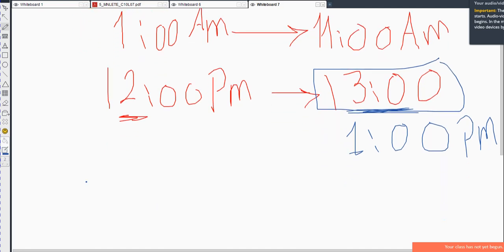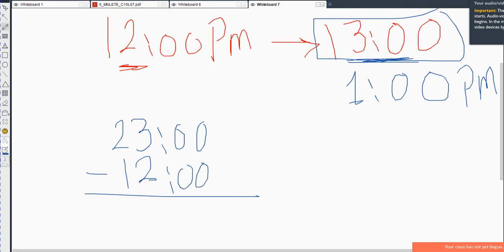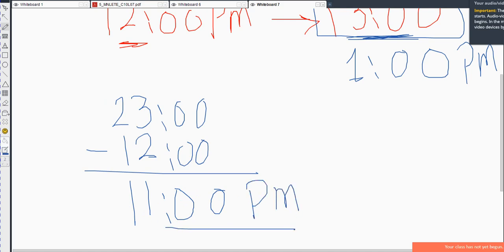What about this? If we have, let's say, 23, and we want to get the number in p.m., what are we going to do? Subtract 12 to get 11, so it will be 11 p.m. This is at night.